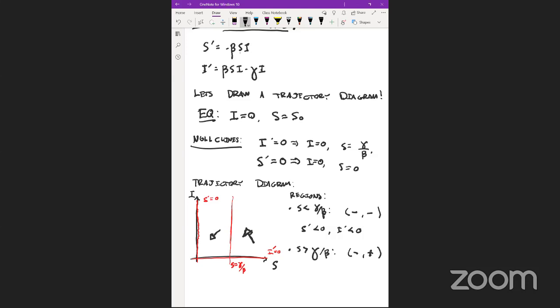Okay, so this is actually an exact visual representation of the critical town size in some sense. Because basically what this is saying is if S is on one side of this line, then we have an outbreak.